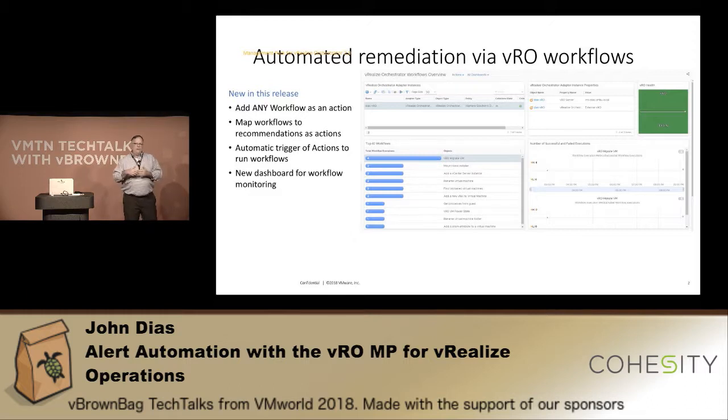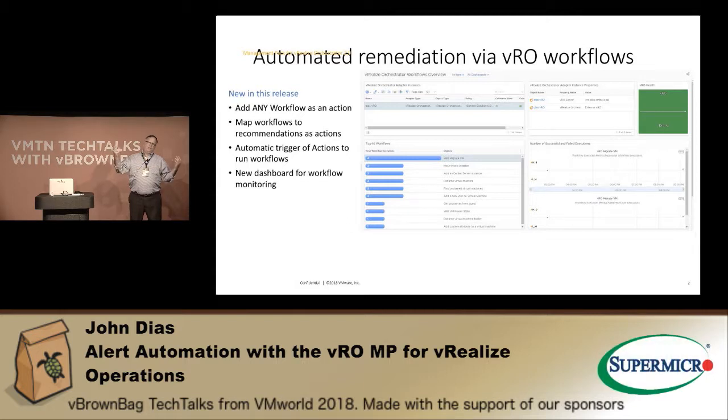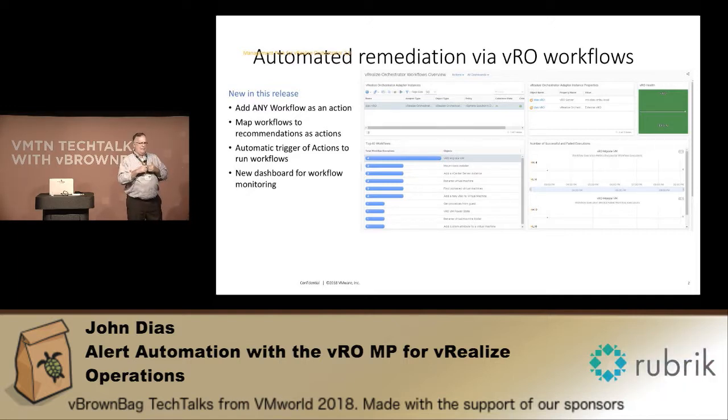So if you have workflows that you use to remediate problems, think about something like: whenever I see an alert for a virtual machine with high CPU, I always want to check for the processes that are using the most CPU, and I want to get that list emailed to me.